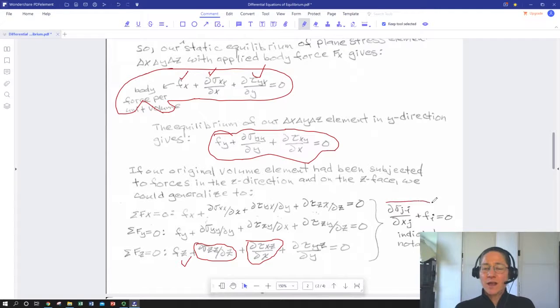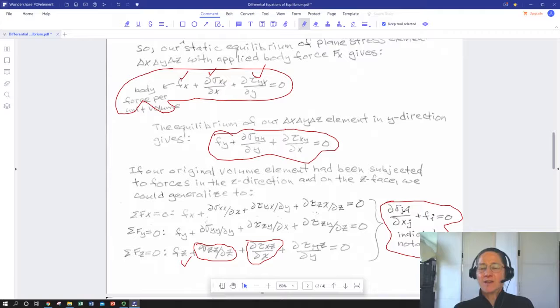And one way to write this is in indicial notation, or our subscript notation, where for any body force in a direction i, we're going to add all of the different components, the different variations of our stress in the ji direction with respect to x sub i.